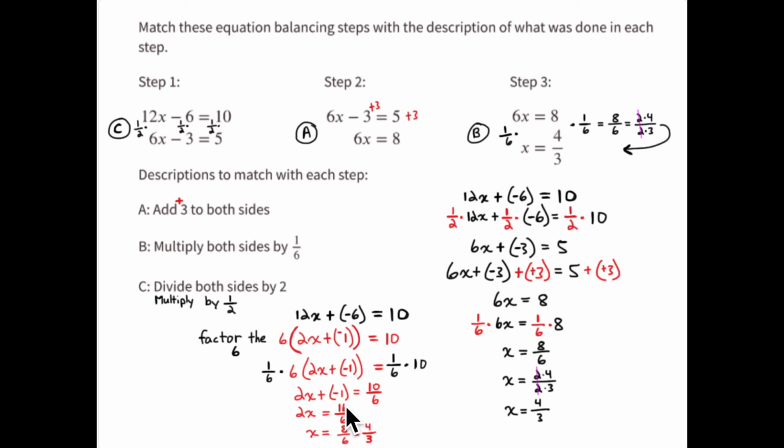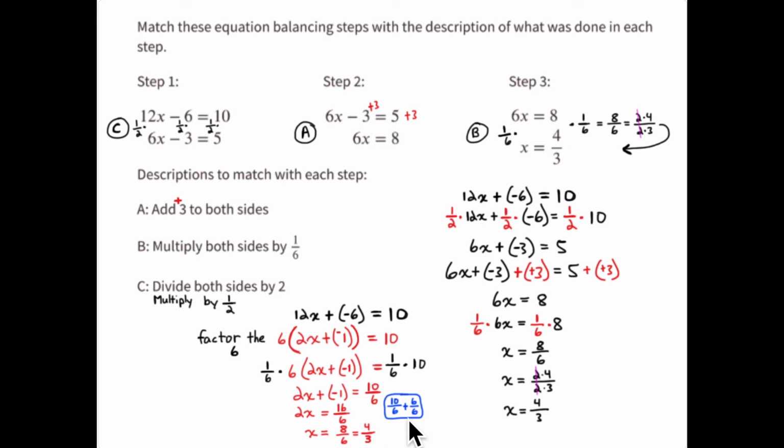I'm going to add 1 to both sides. So 1 is the same as 6/6. A little bit complicated here. So this is 2x equals, and I've added 1 to both sides. So 10/6 plus 6/6 is equal to 16/6. So 10/6 plus 1, which is 6/6, equals this 16/6. And finally, 1/2 of 2x is just x, and 1/2 of 16.